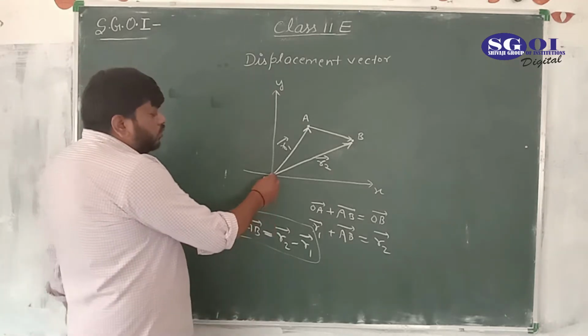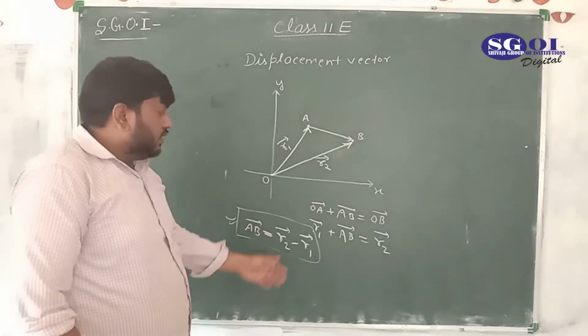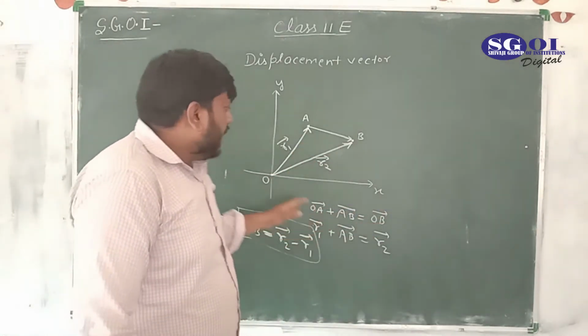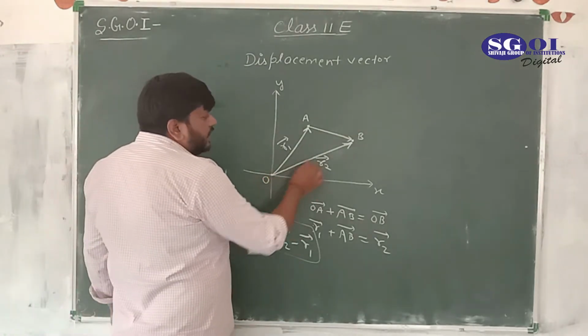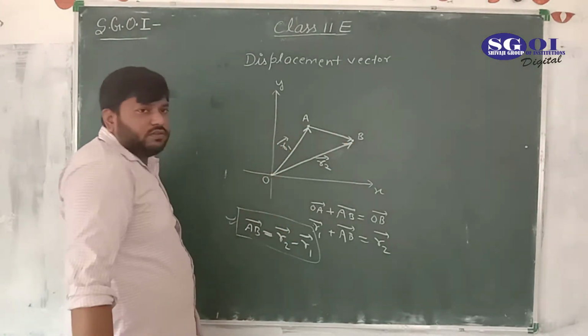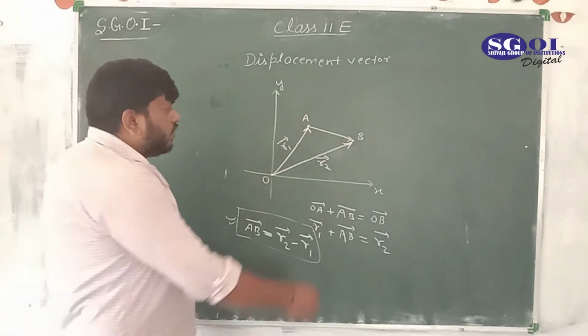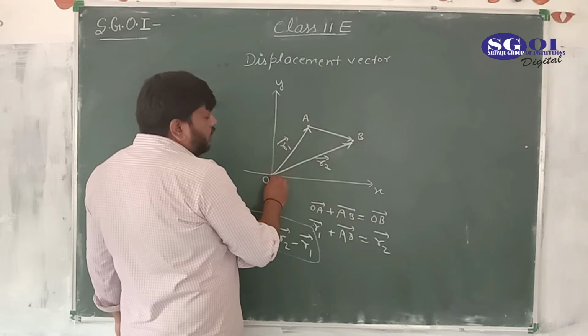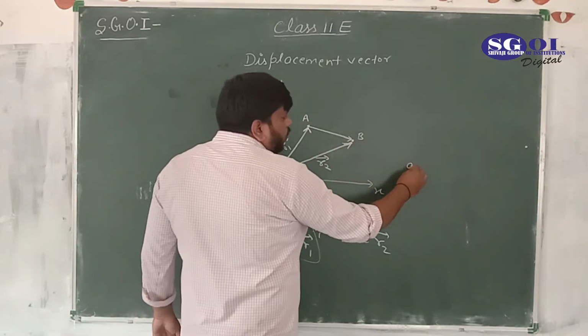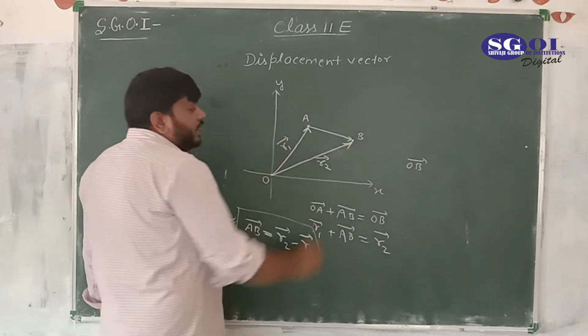Now if you want to apply this rule of addition, you can. Suppose you started from O to B, OB vector, because you are moving in the direction of the arrow.